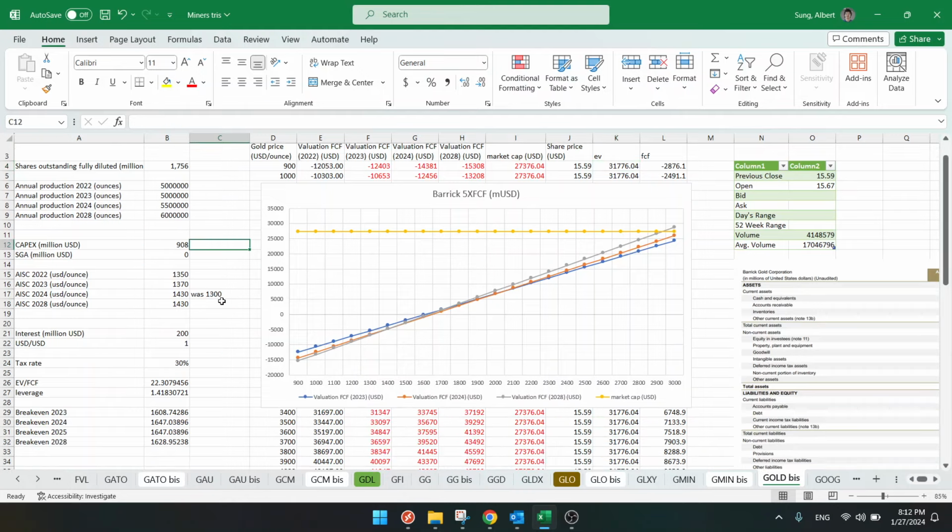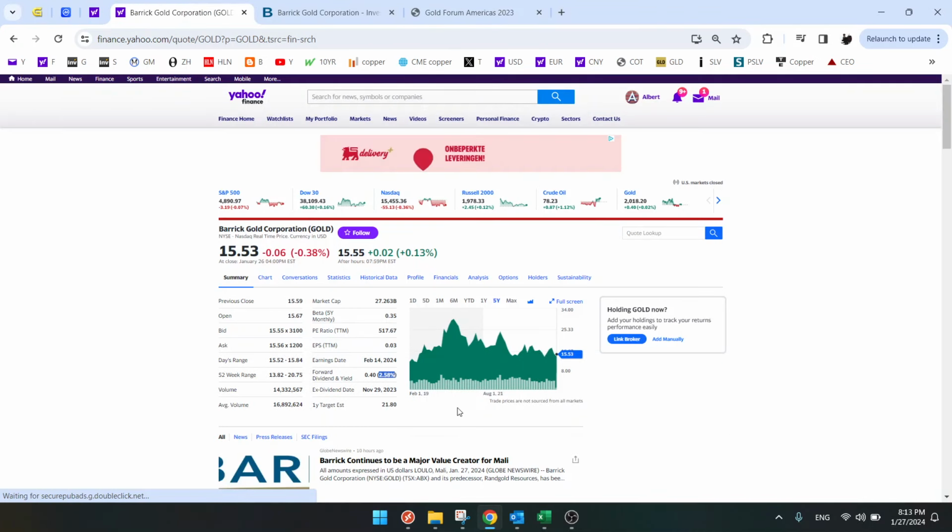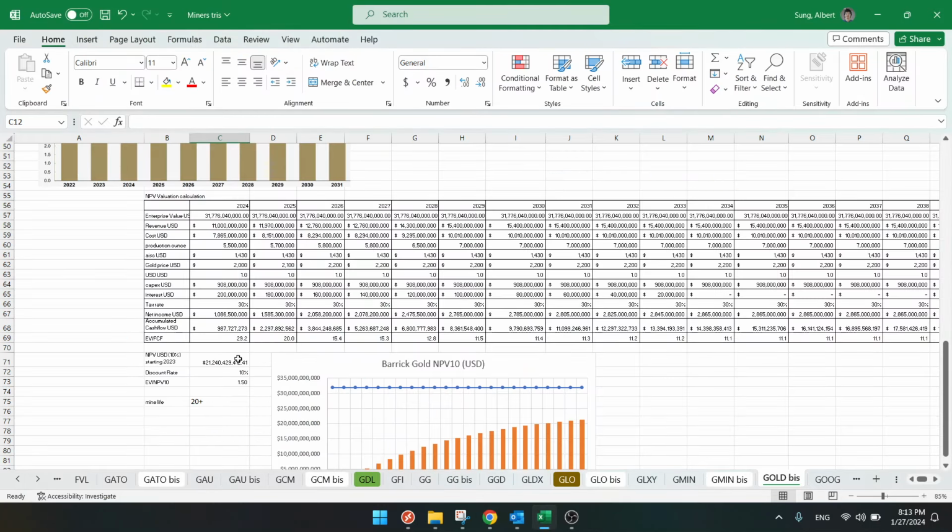PE of 20. Yeah, you can get a dividend of 2% maybe. What's the dividend on Barrick? 2%. So you get a 2% dividend. If you're fine with that, then you can buy Barrick Gold.